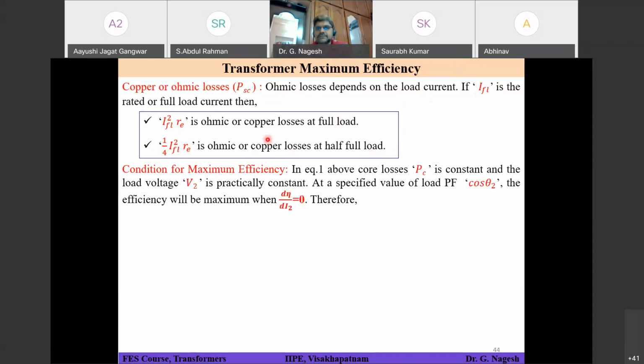Is it clear regarding these two statements? IFL squared into R2 and 1 by 4 IFL squared into RE. One formula is at full load, another is at half of full load current. Any doubt in this?